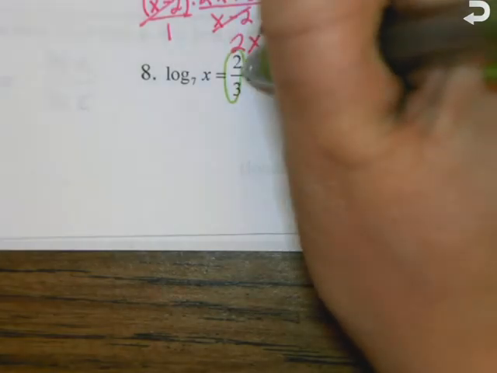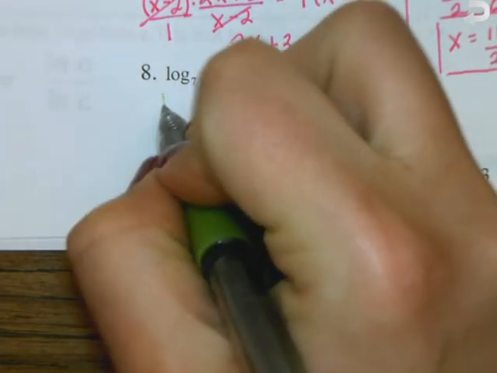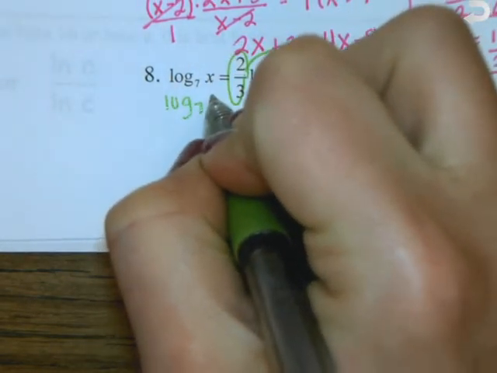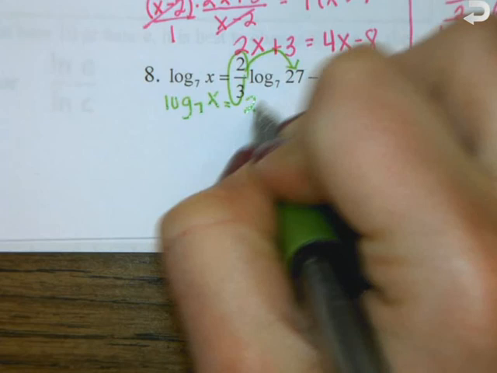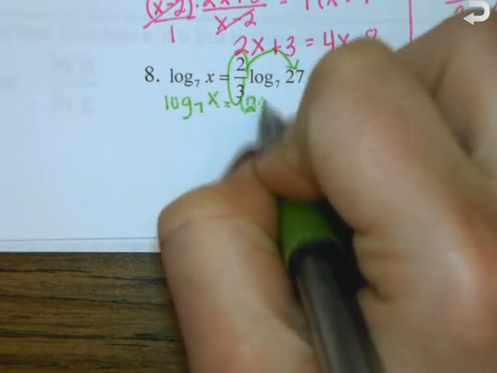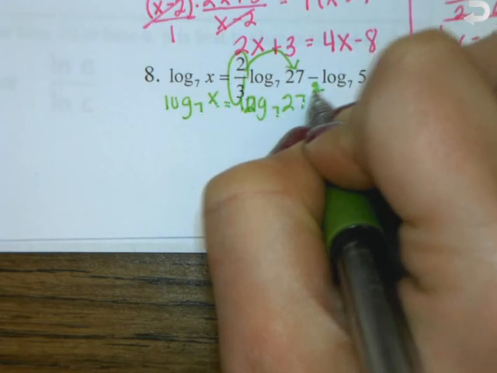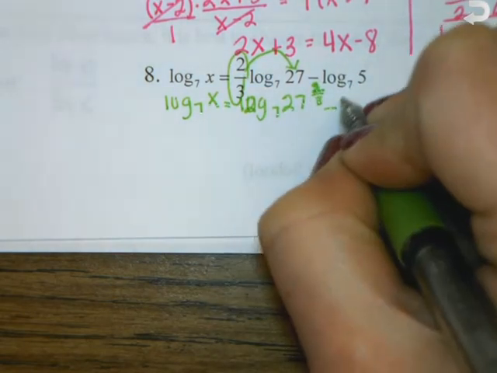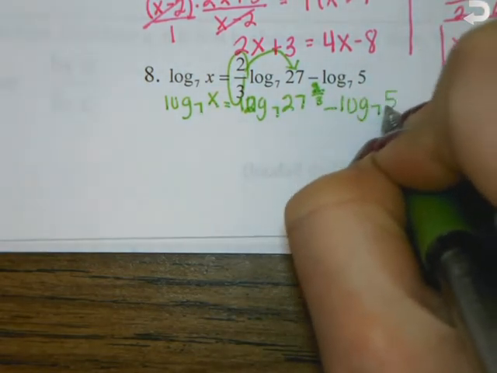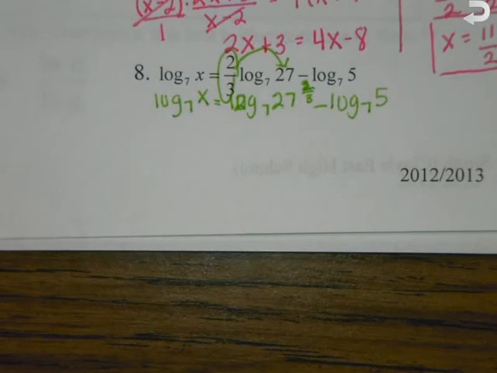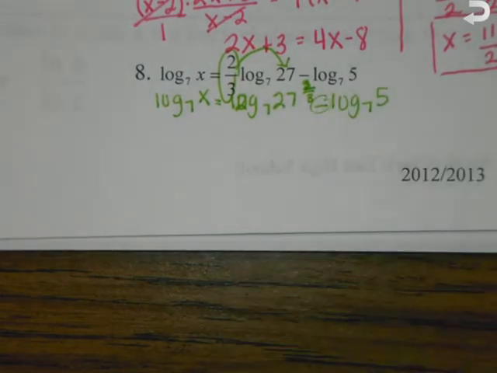So that's going to be log base 7 of x equals log base 7 of 27 to the 2 over 3 minus log base 7 of 5. And then what else can we do? Condense again using quotient rule.